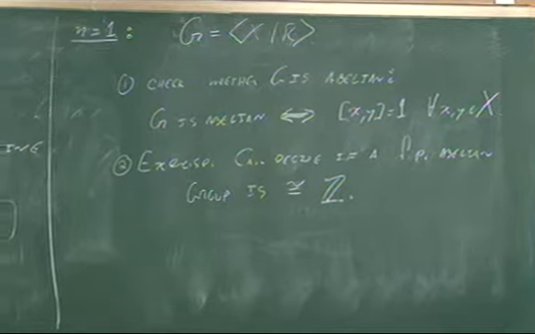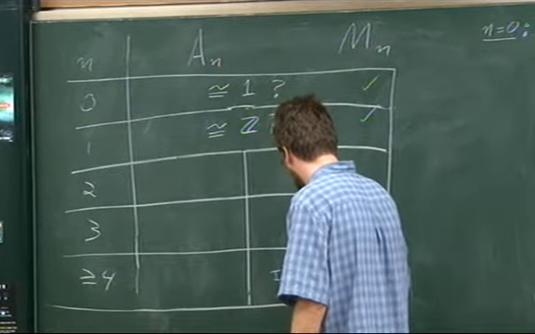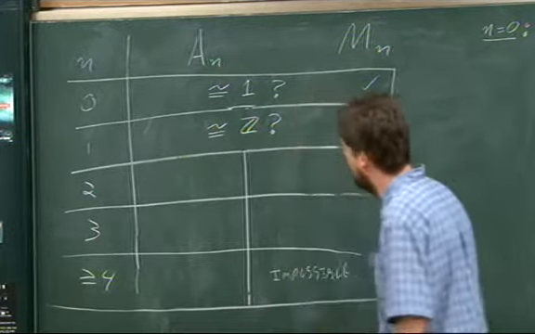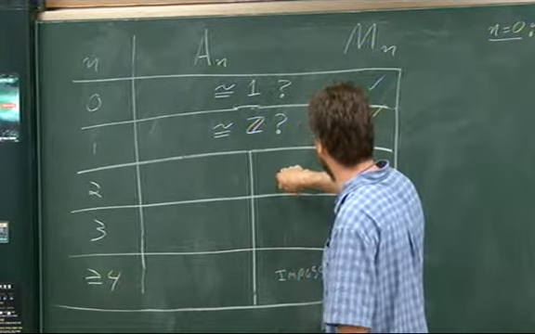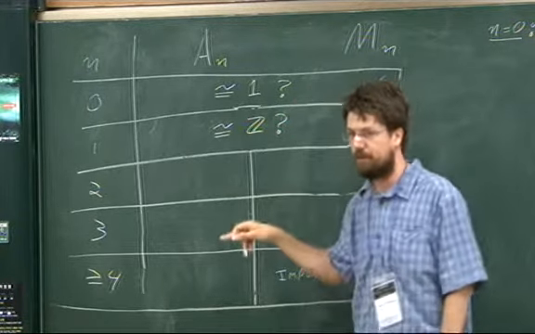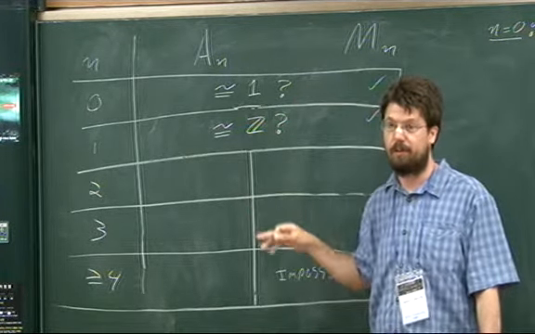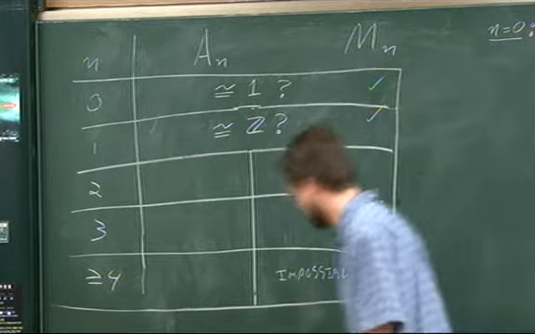We already know that this one's impossible. So let's just say for a second, what is property M2? Well, either it's an aspherical surface, or it's the sphere. Oh, sorry. Trivial.